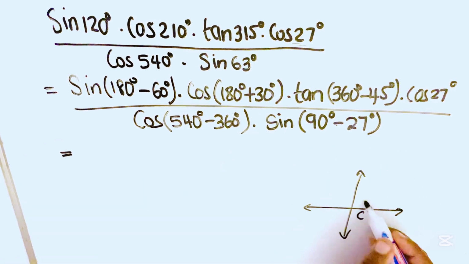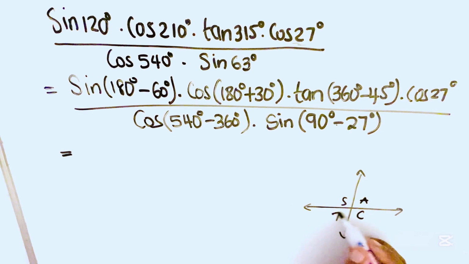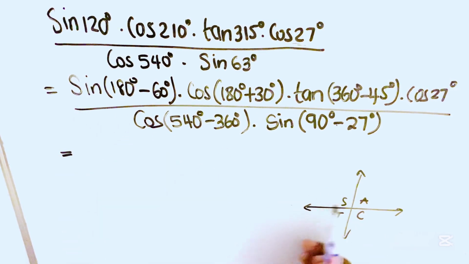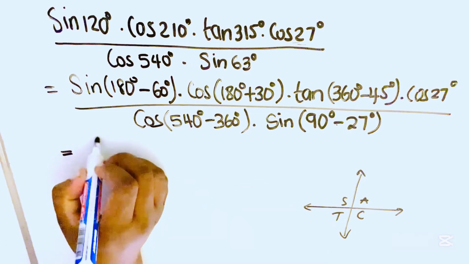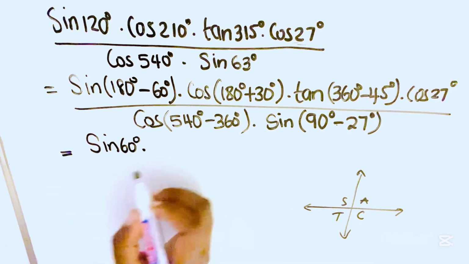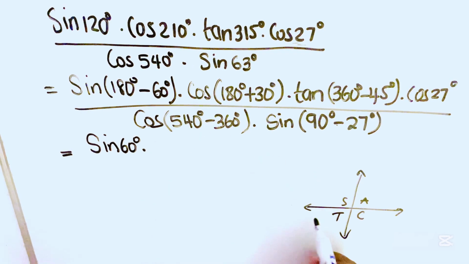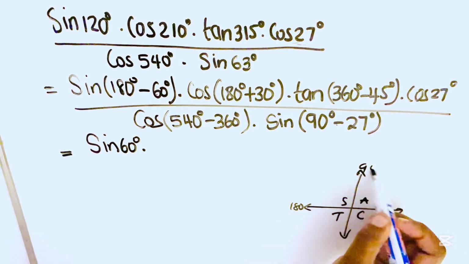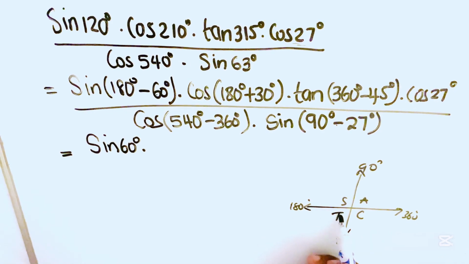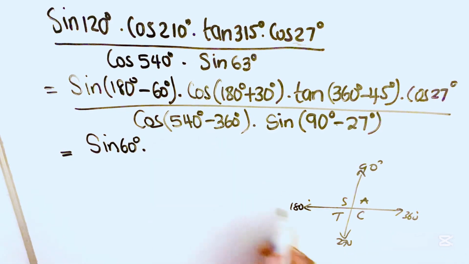The CAST diagram, whereby we have 180 minus in the second quadrant and the sine is positive. So it's sine of 60 degrees. Multiplied by the 180 plus, this is 180, 90, 270, 360. 180 plus is in the third quadrant and the cos is negative.